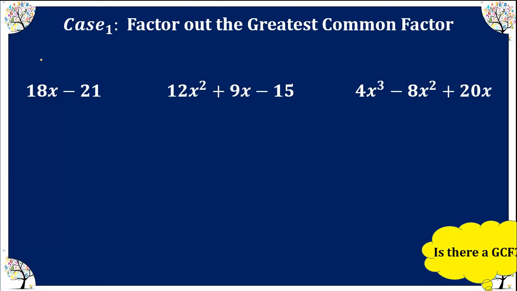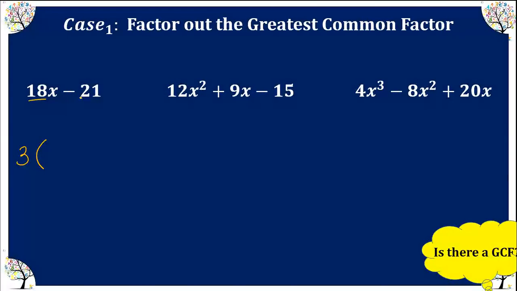Here's our first example. We have 18x minus 21. We ask ourselves, what is the greatest factor that 18x and minus 21 have? So I know that 3 can divide into both of these terms. 3 is the monomial, the GCF, and I bring it on the outside of the parenthesis.